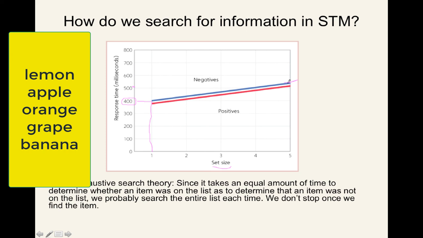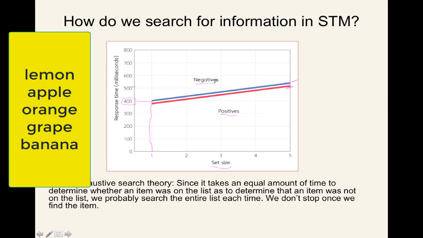And it turns out that if watermelon or peach was not one of those words, we take basically the same amount of time to determine that a word was not on the list as it does to determine that a word was on the list. So positive versus negative. A positive is that the word is on the list, so maybe lemon.